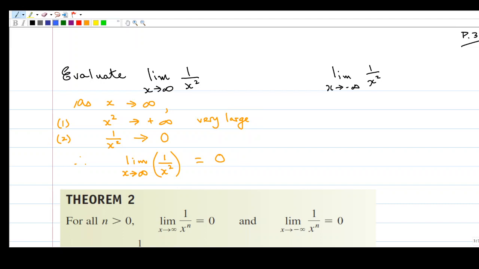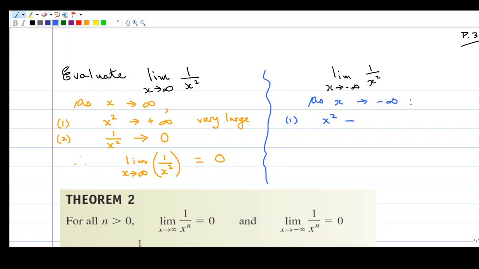We want to evaluate the limit as x approaches negative infinity of the function 1 over x squared. So again, using similar reasoning, as x approaches negative infinity, your x squared, right?